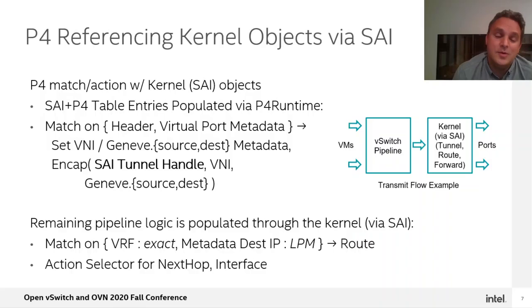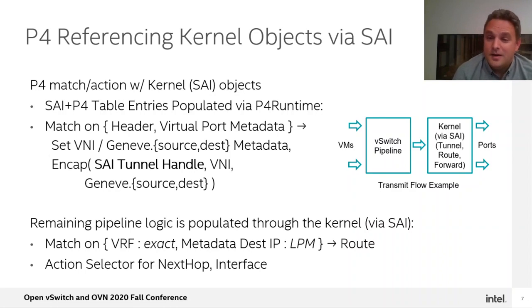So in this example, I'm matching on the header and the virtual port information of like which VM did this packet come from. And as a result, I can set the virtual network that it's living on. I can maybe set some tunnel metadata. And in that process, I can say encap this packet to the tunnel that's identified in SAI. And that SAI tunnel corresponds to a tunnel that's been configured through the kernel.